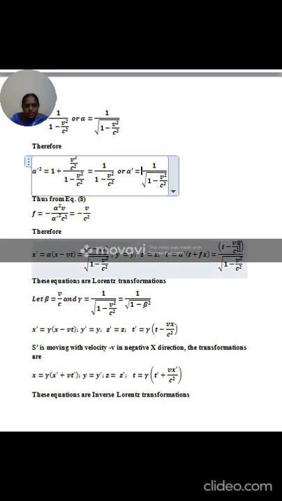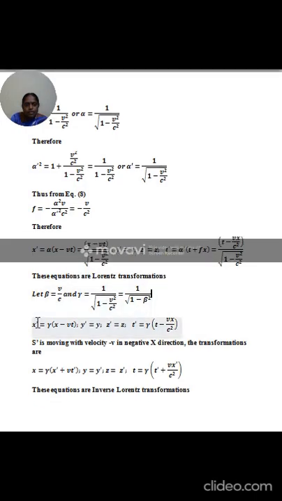So now let's just assume v by c to be equal to beta, and gamma to be equal to 1 by root of 1 minus v squared by c squared. Then we can write this whole equation as x prime to be equal to gamma into x minus vt, y prime is y, z prime is z, and t prime is gamma into t minus vx by c squared. So this equation is what's called as the Lorentz transformation equation.